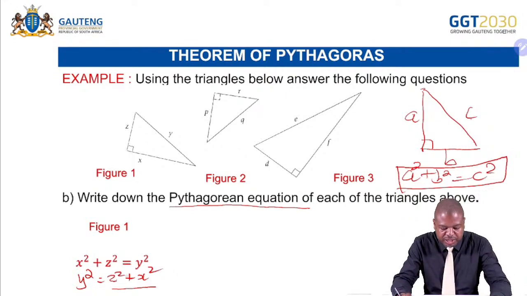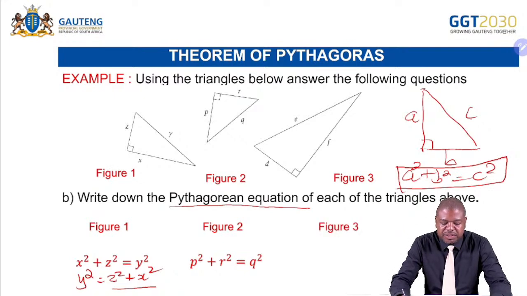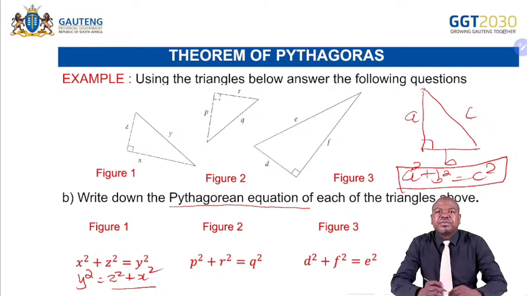That's what is important. Then with figure 2, my Pythagorean equation is p squared plus r squared is equal to q squared. And lastly, with figure 3, my Pythagorean equation is d squared plus f squared is equal to e squared.